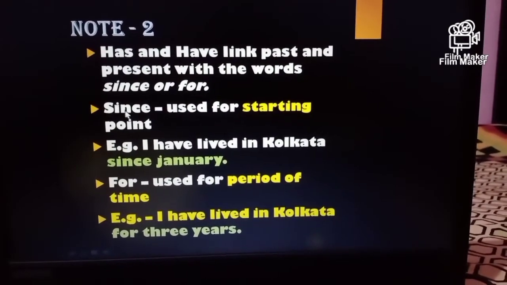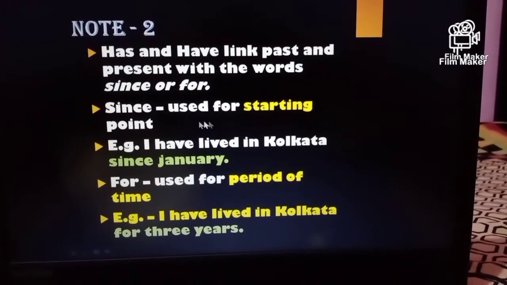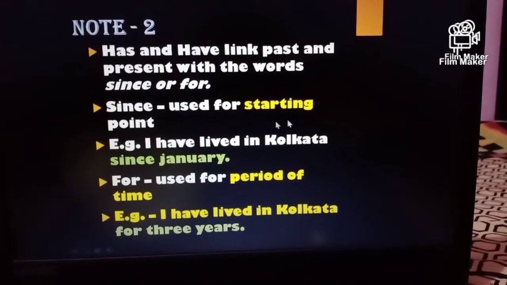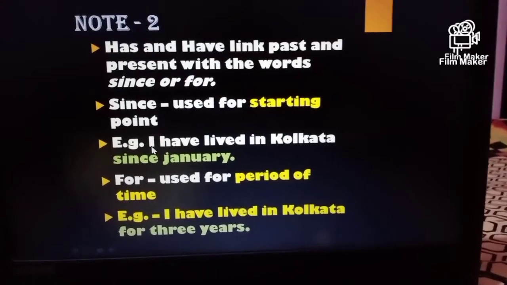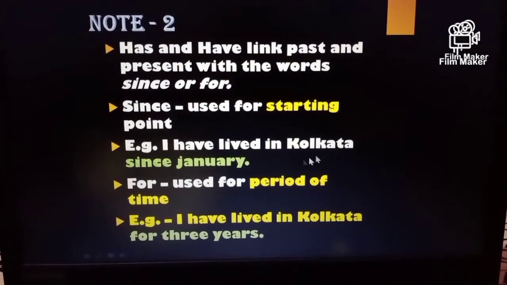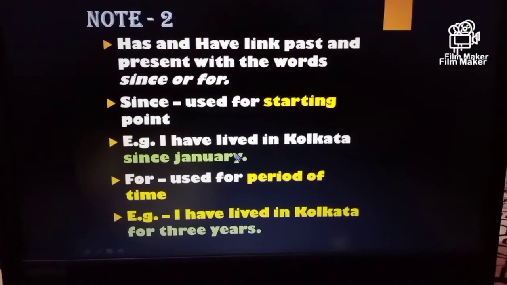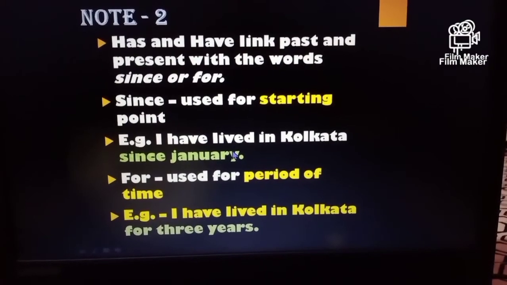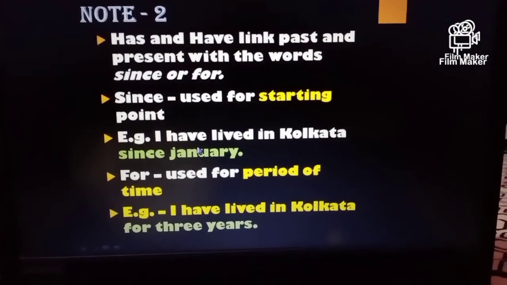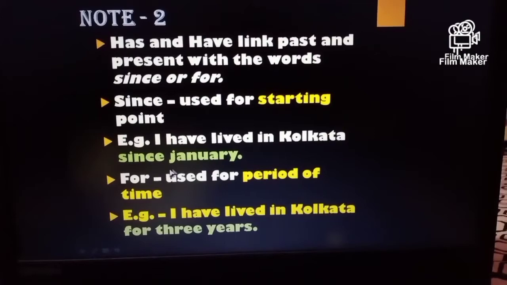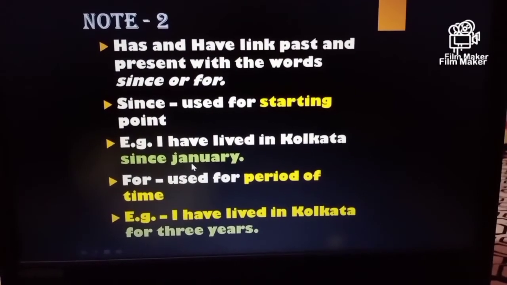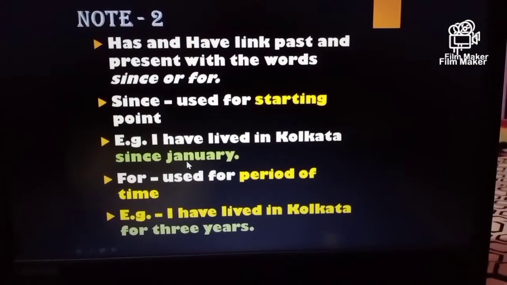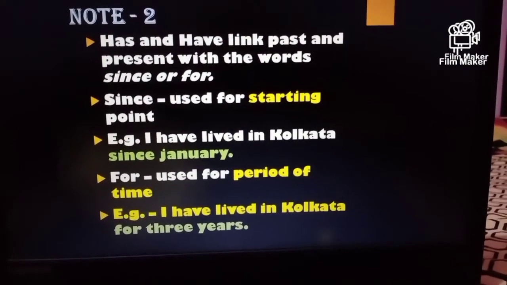Take a look at here. Since is used for the starting point of an action. Take a look at the example here. I have lived in Kolkata since January. So you are living in Kolkata, but the time of living started from January. That is called the starting point of your living. So since is used to refer to past time, but it is related to the present.